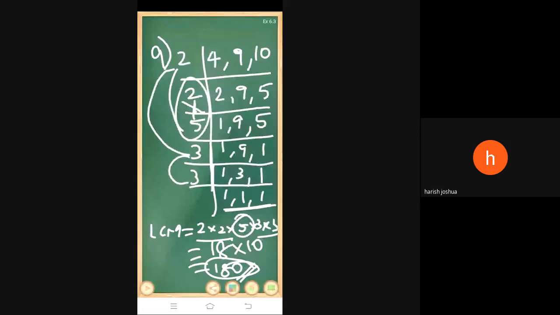So we have to multiply 180 by 5, as 5 alone does not have a pair.